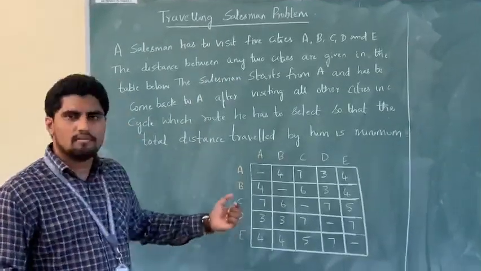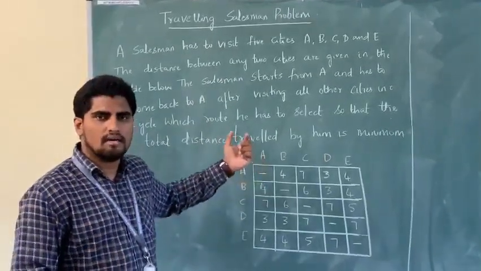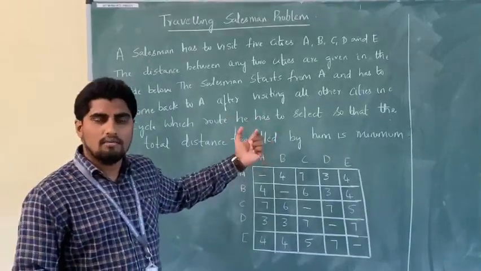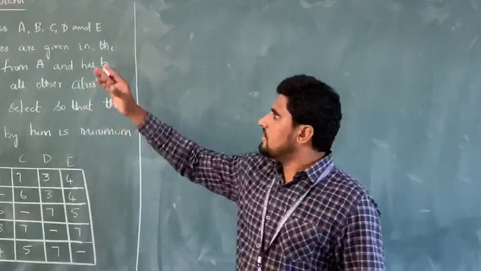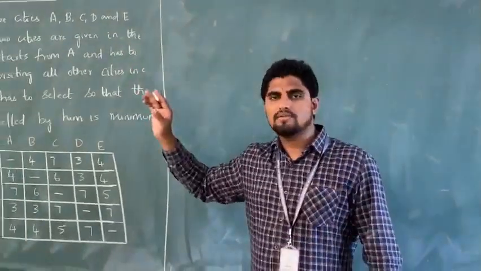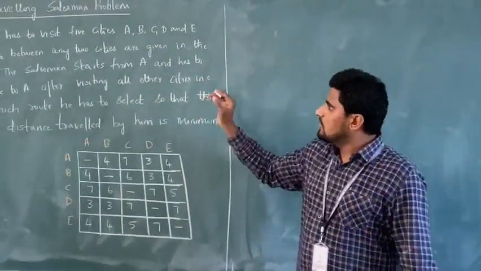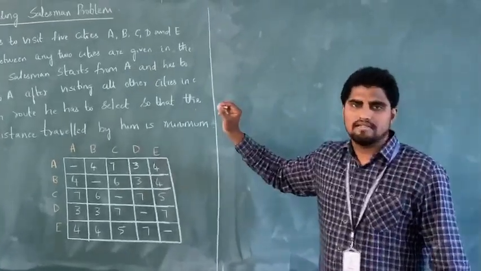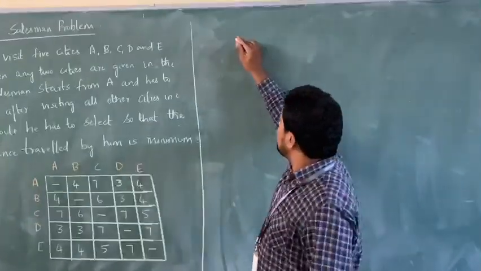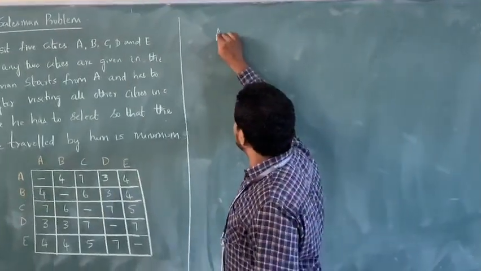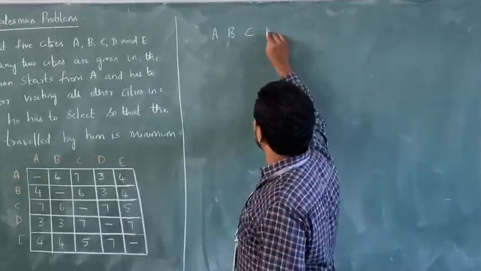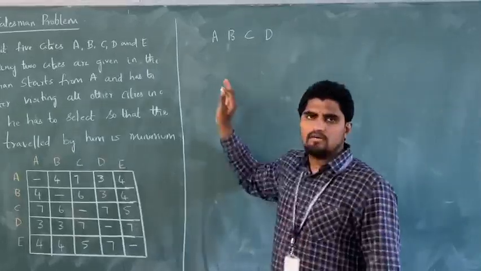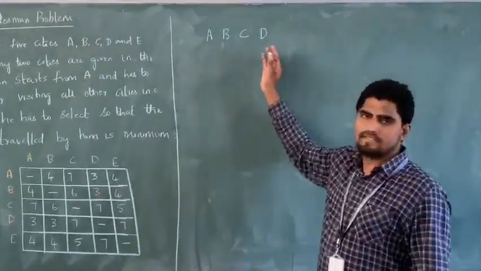Before proceeding with the problem, we shall understand what the traveling salesman problem is and why we need to study it. The objective of the traveling salesman problem is to reduce the overall cost or the overall travel distance. I'll take up an example here. Say city A, city B, city C and city D. Now a person wants to travel to different cities.